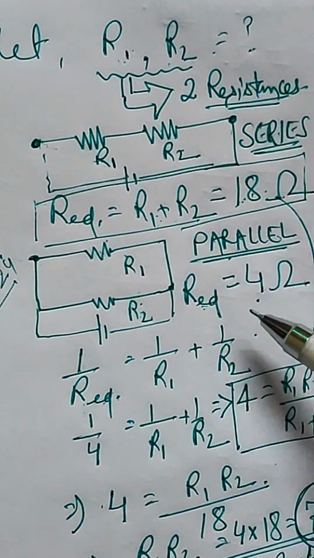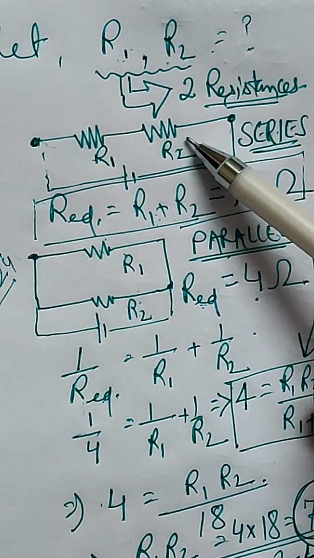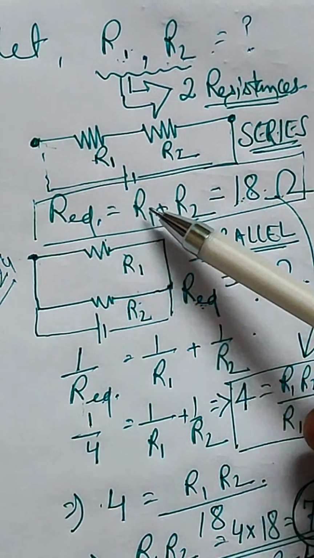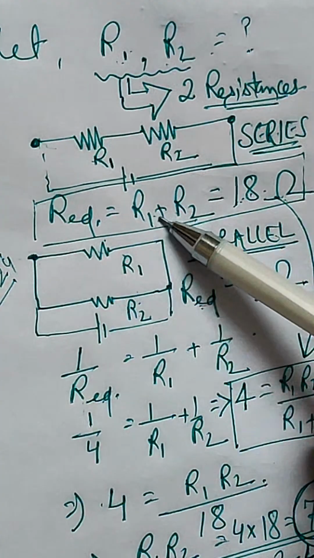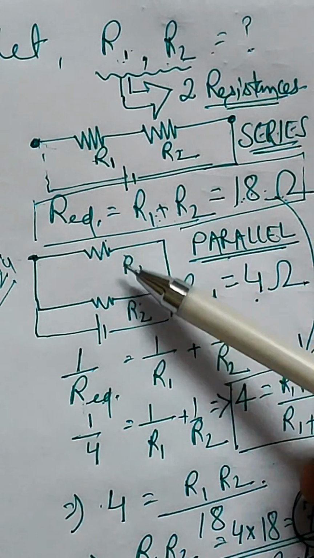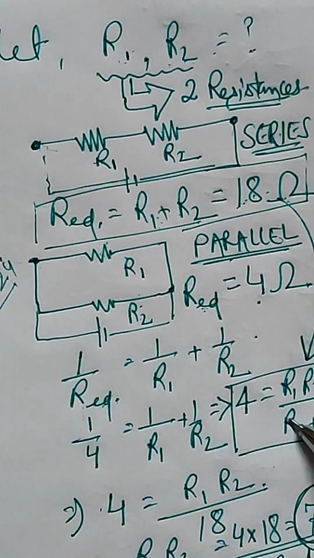Now what we did, we simply used the formula for equivalent resistance of series connected resistances. Here the equivalent resistance is R1 plus R2, which is 18 ohm. This is one equation. When they are connected in parallel, R equal to R1 R2 by R1 plus R2.